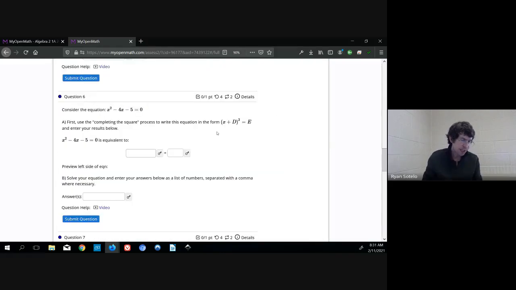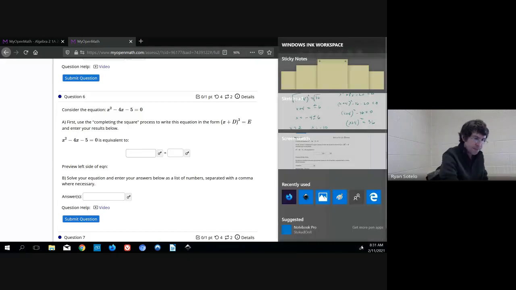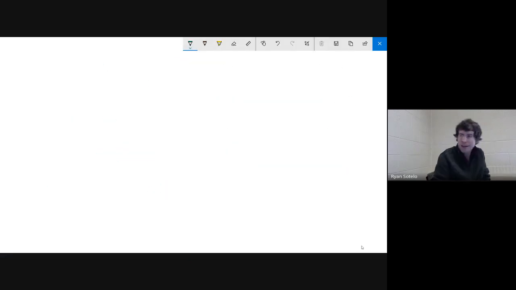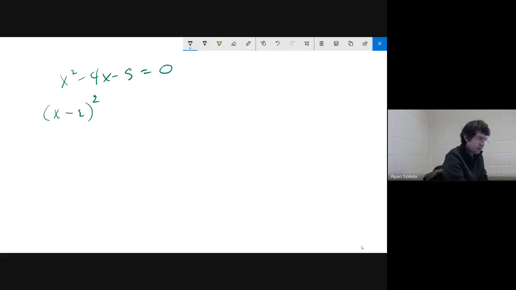Here's another one we've got to solve. I'll do that one real quick. X squared minus 4x minus 5 equals 0. Okay, have the 4, subtract the square, keep the minus 5.